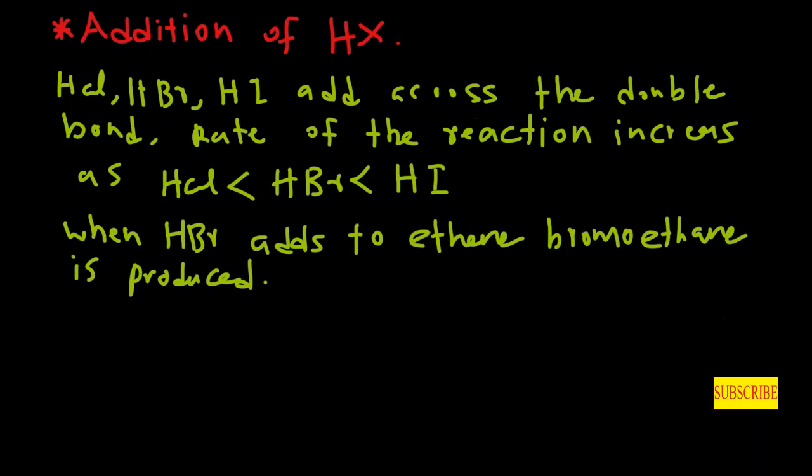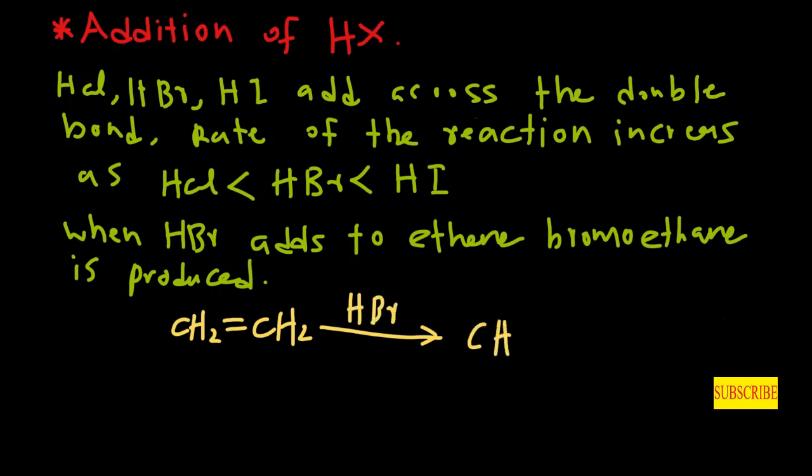Then we consider the reaction for this one. This ethene molecule reacts with HBr, and this reaction forms CH3CH2Br. This one is known as bromoethane.